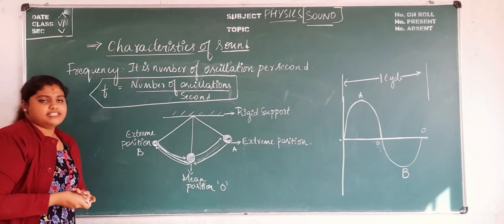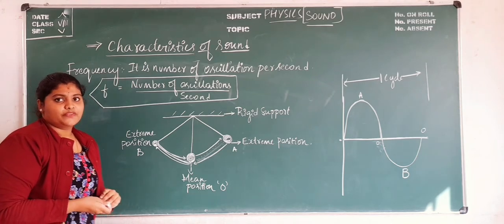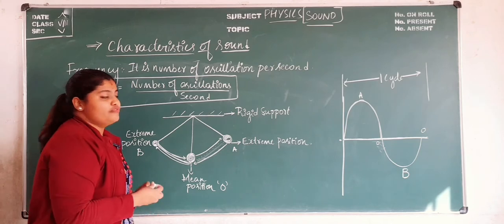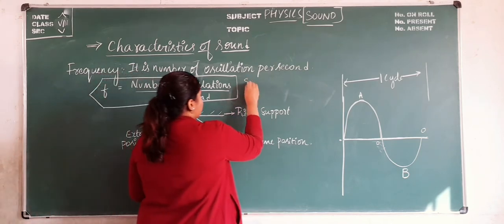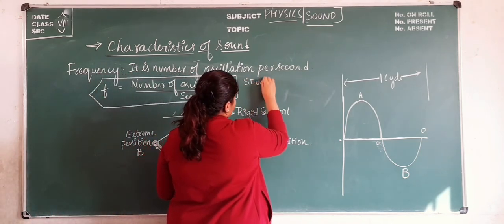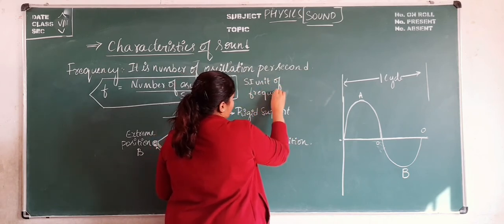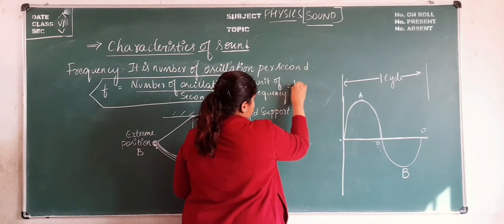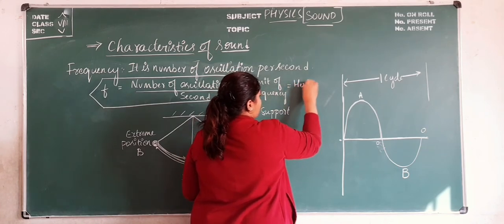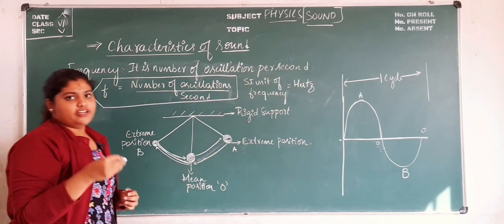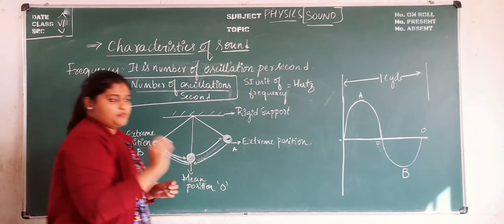Do you know what is the SI unit of frequency? The SI unit of frequency is hertz. And usually hertz is denoted with a capital letter H and small letter z.